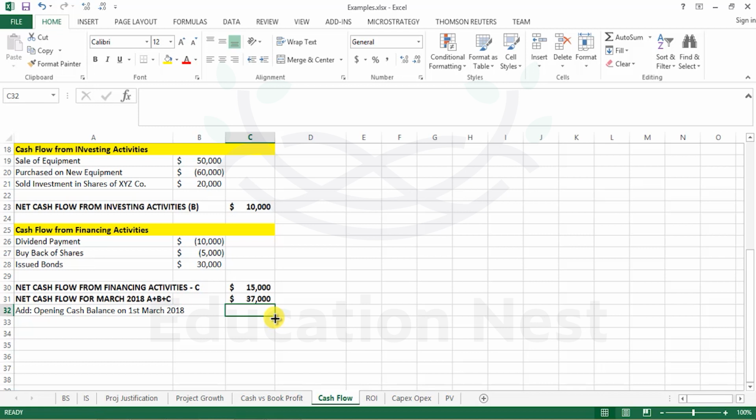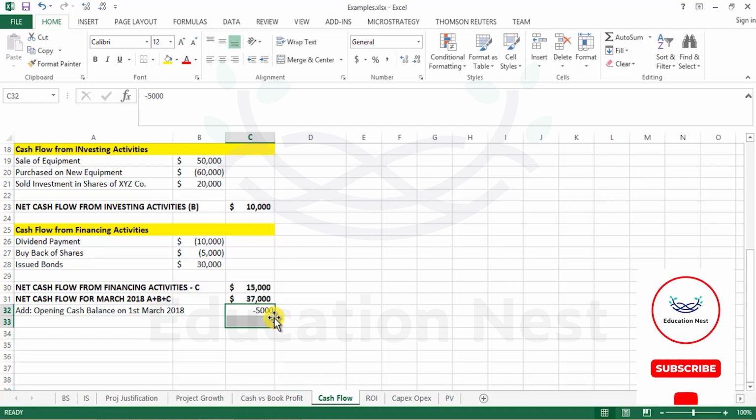Let's say in the month of February, we had a negative cash balance of $5,000. Okay, so here we put minus $5,000.